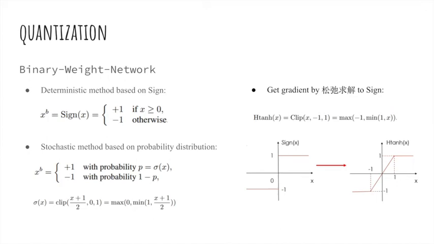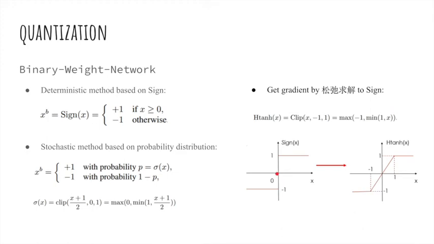After making the parameter binary, for the next step, how do we train the model? Because the function is not differentiable: when x is larger than 0, the gradient is 0. When x is smaller than 0, the gradient is also 0. And when x equals 0, the gradient is infinite.